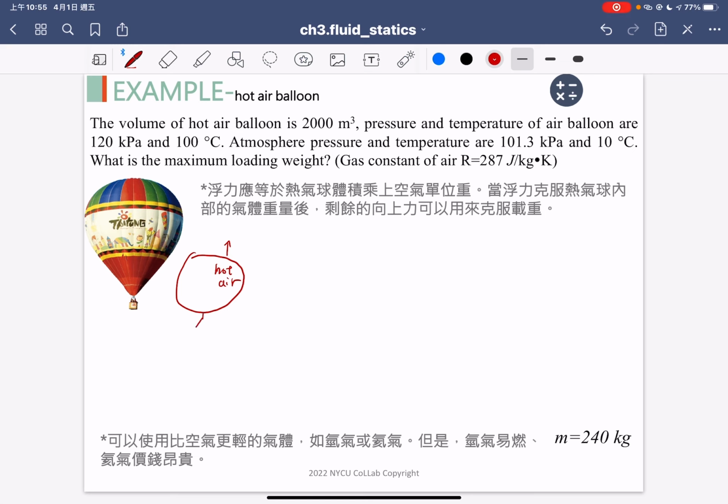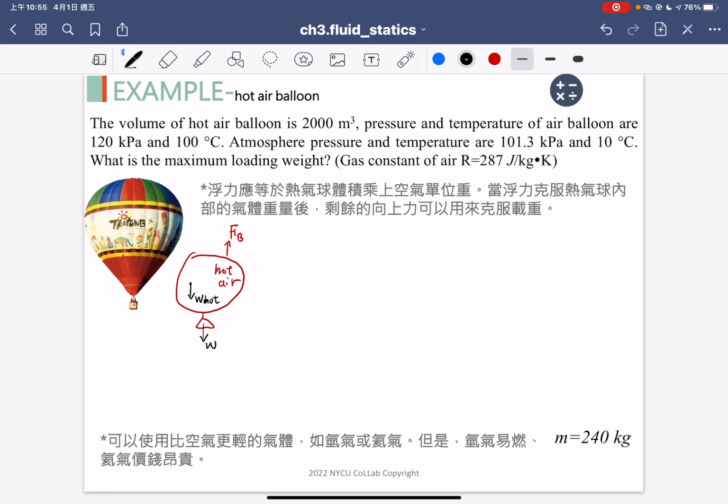And at the basket, we have the people inside the basket, so we have some weight downward. So the buoyant force upward needs to overcome the people's weight inside, and we also need to overcome some weight from the hot air. So we have the weight of the hot air and the weight of the people downward.